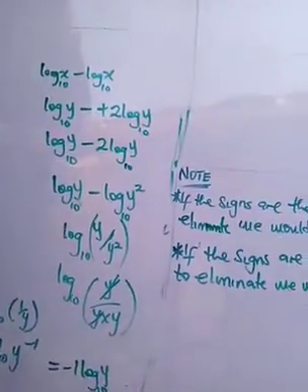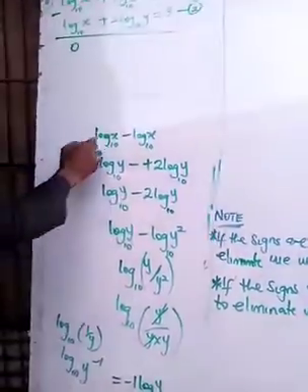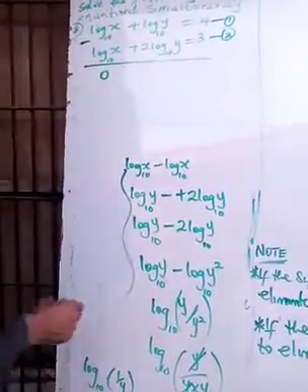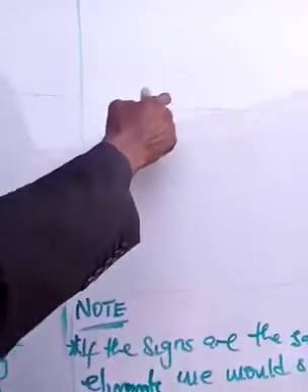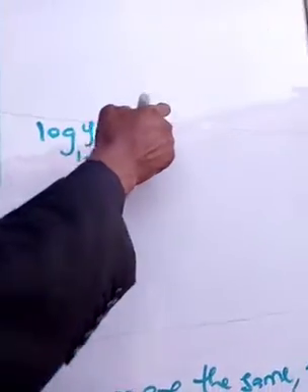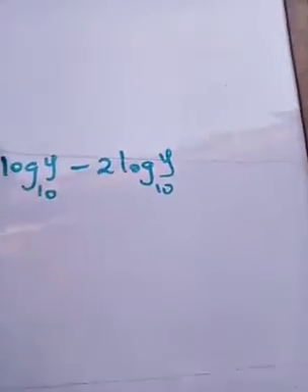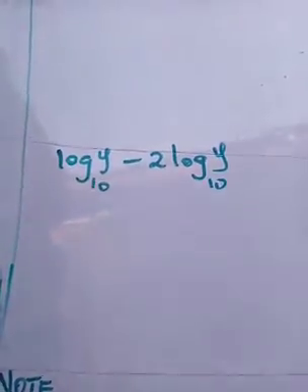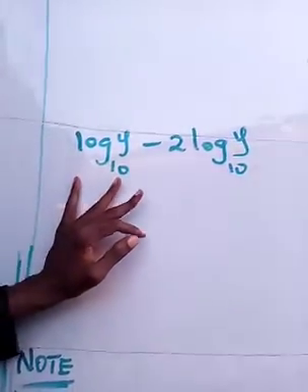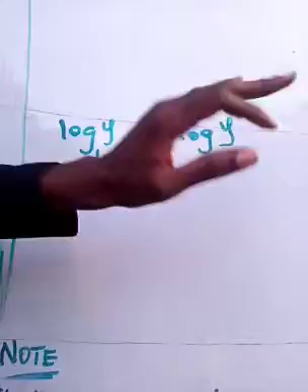Okay, this is long. Now there's an alternative way from here. You have log y base 10, very easy, minus 2 log y base 10. Now you have 1 log y base 10, but you are owing somebody 2 log y base 10.